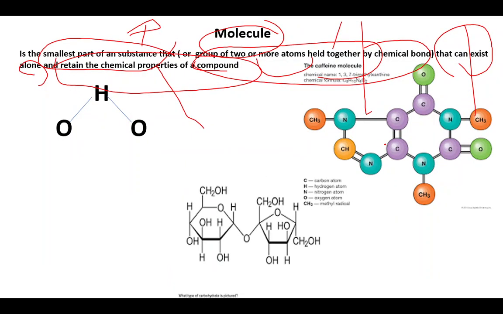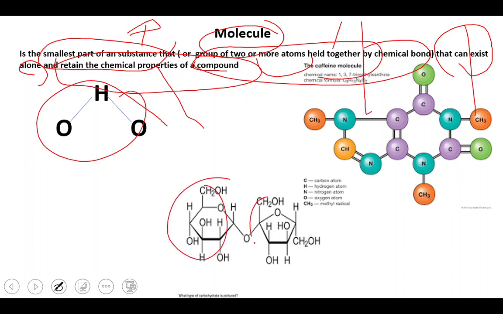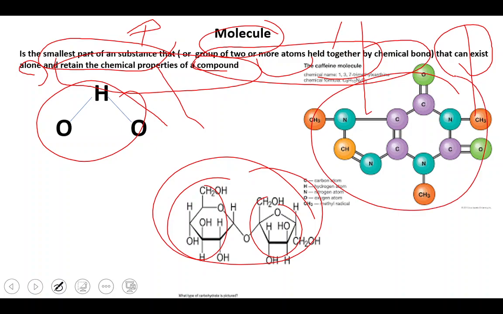Here we have the water molecule, which is H2O. This is glucose, this is fructose. They come together to form sucrose. This is the caffeine molecule. These just represent some molecules that you may likely come across when you are studying chemistry.